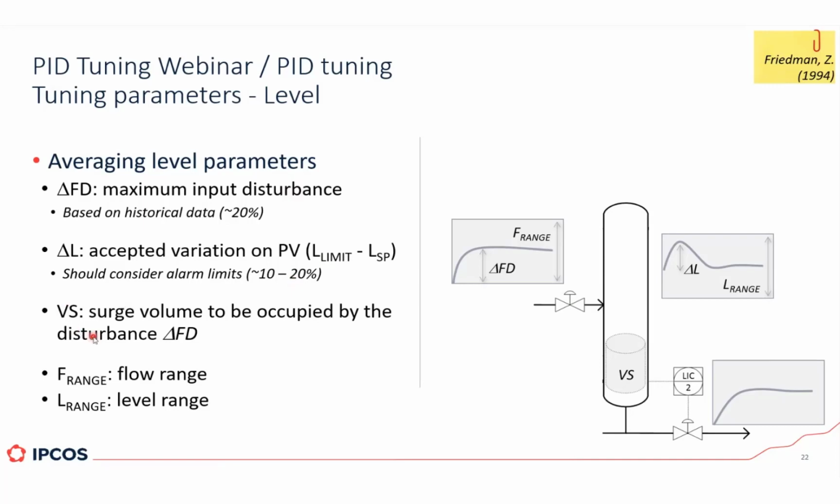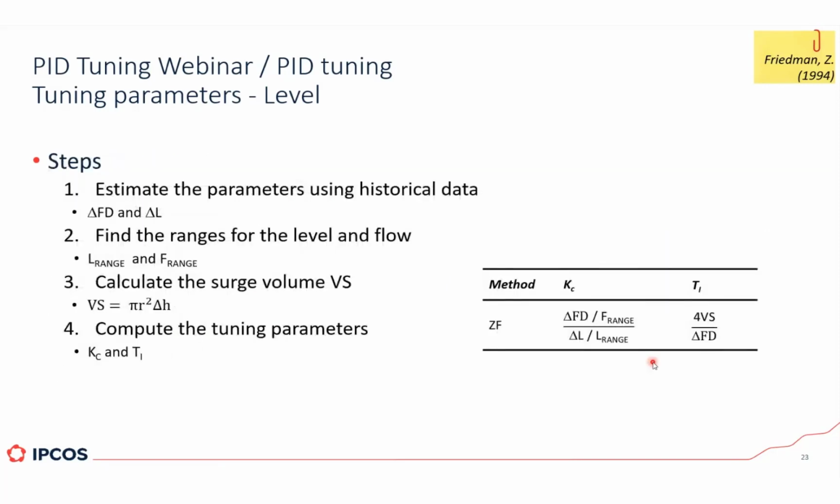We also need to calculate the surge volume to be occupied by this disturbance, which is this one here. So in the end, you don't need to step test the level controller, but you can still find good parameters for the gain and for the tau I.